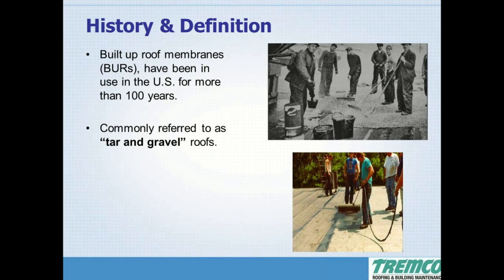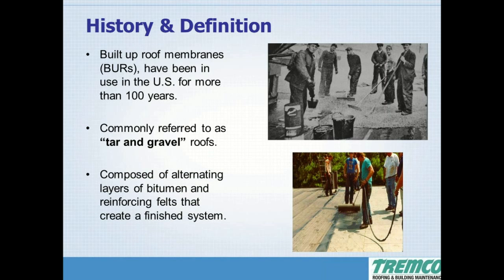You'll hear that reference a lot, but when you get into the details, you'll understand that there's a difference between tar and asphalt, and obviously you handle those in different ways. But if you don't have the focused learning to know the difference, you're just going to describe it as tar and gravel.